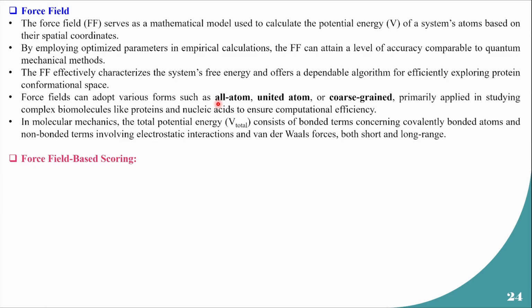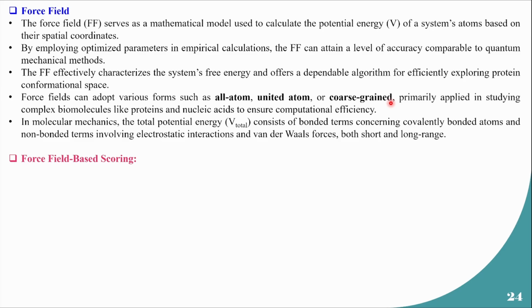So here we see that force fields can have different categories, for example all atom, united atom, or coarse grained. When you talk about coarse grained, it is not considering each and every atom of these molecules as an individual unit, but considering a whole residue as a particular bead.